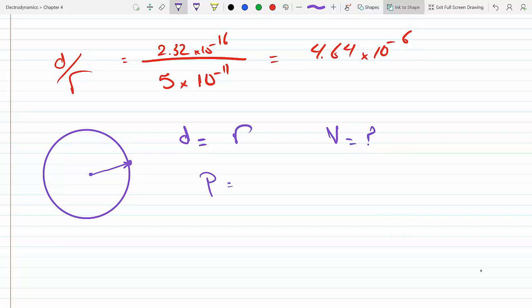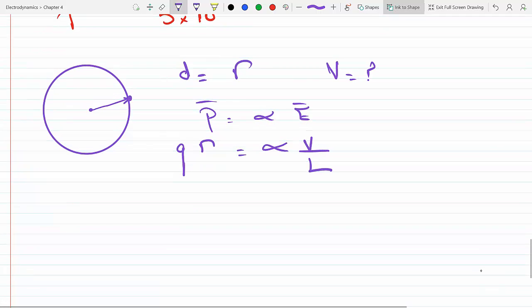We already know P is proportional to E, and this is in between the plates, so E is V over L. And P is just Q times d, and d is r, so this becomes Q r.